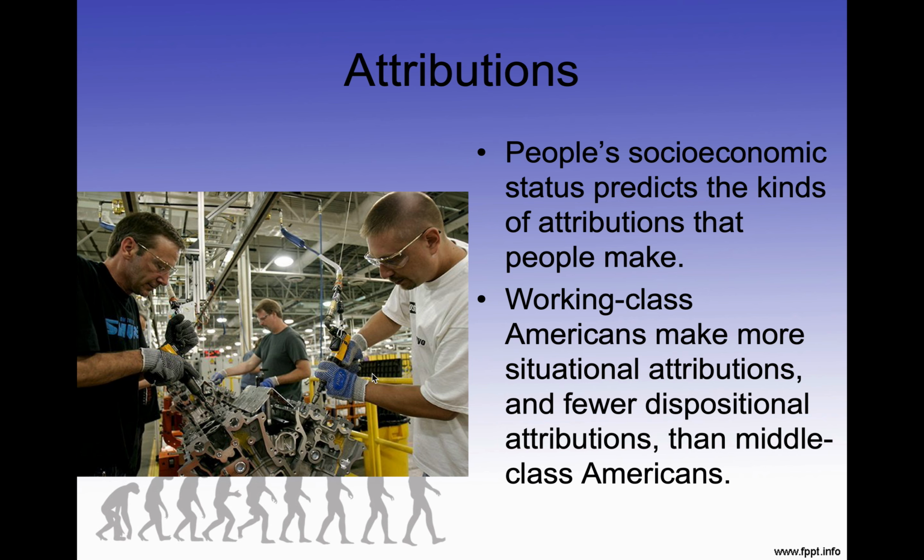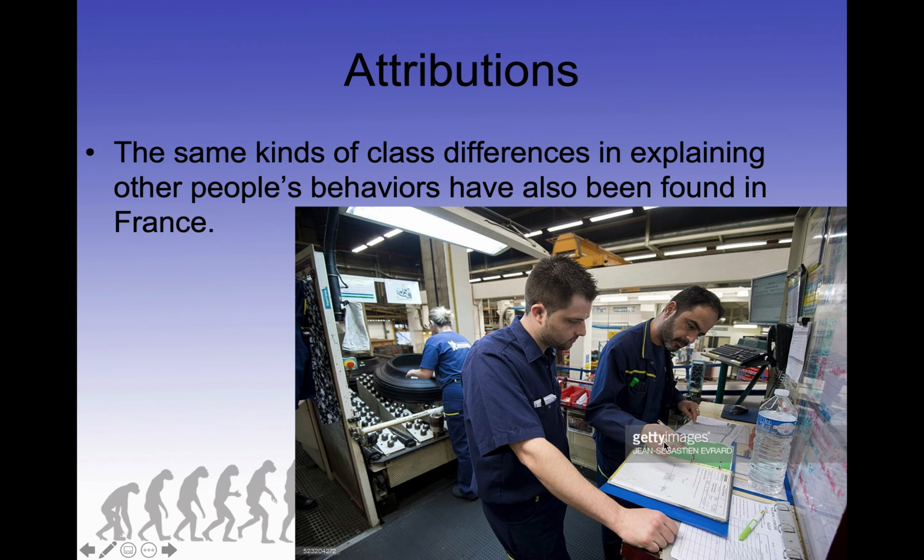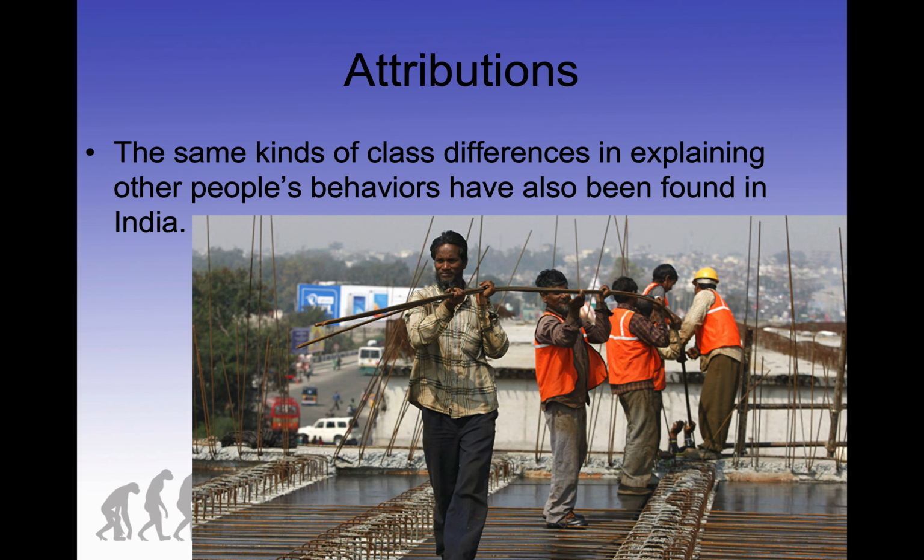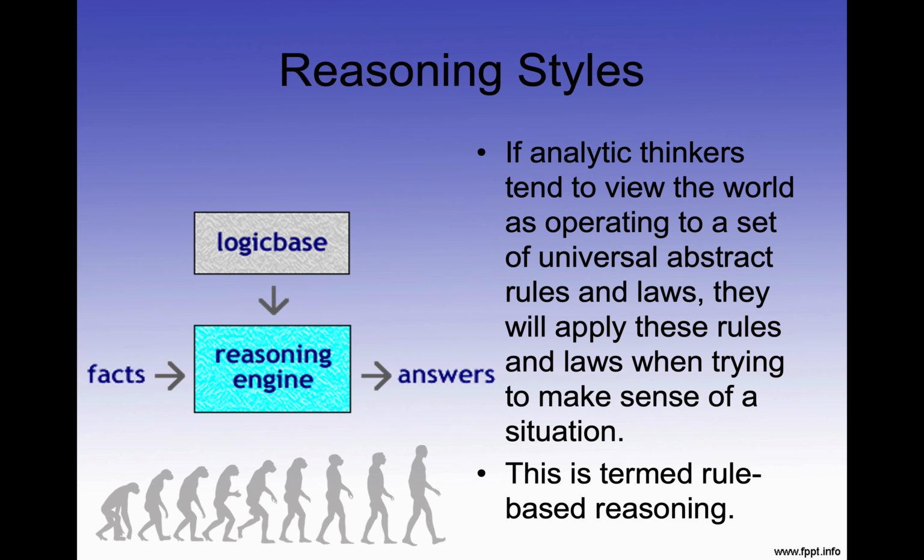It's situational rather than a common trait for that individual. And of course, differences between the working class and middle class people in France would be the same in Russia and in India.